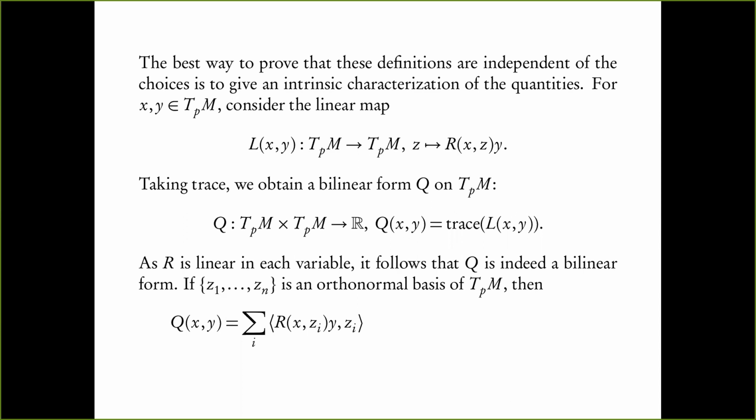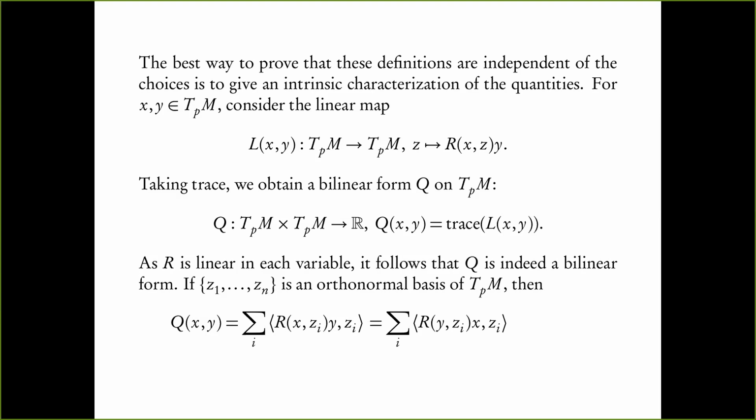So I'm just recalling something very basic from linear algebra. The way to calculate the trace is by a choice of an orthonormal basis, and then you calculate L of Vi dotted with Vi. Okay. But because of the symmetry of the Riemannian curvature tensor, you could swap the y Zi with the x Zi, and it's the same answer, right? This is one of the symmetries of the Riemann curvature tensor, that I can swap the last 2 slots entirely with the first 2 slots.